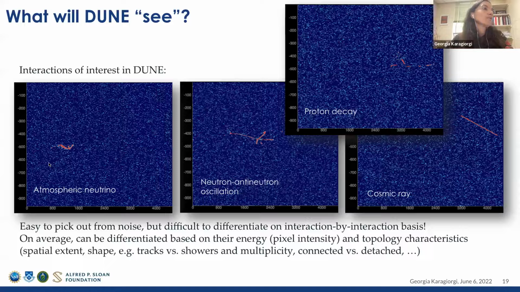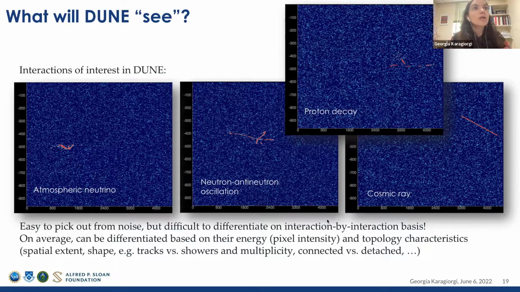Or cosmic rays. It doesn't happen very often, but some of them make it as deep underground through the overburdened rock to the DUNE detector, and might look like these straight lines streaming through the detector as well.